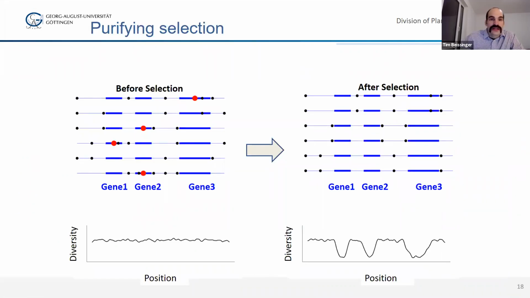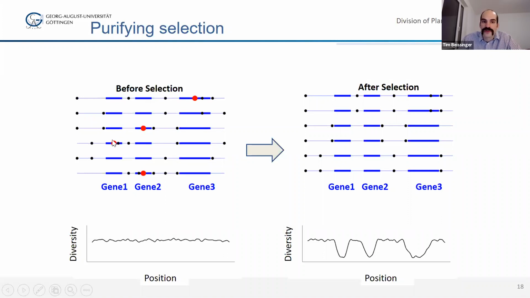In that same study, we looked at how important purifying selection has been as a driving force of maize evolution. So let me draw another cartoon here of a form of selection, in this case, purifying selection. In this cartoon, we have the same general layout as the other cartoon with a bunch of haplotypes from a population, but I've added blue bars representing genes. So here I've imagined that there are 3 genes drawn in this population.